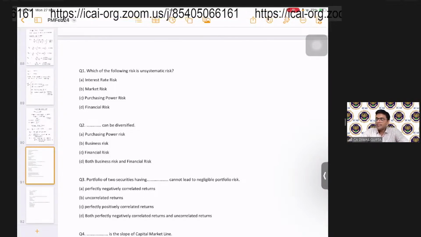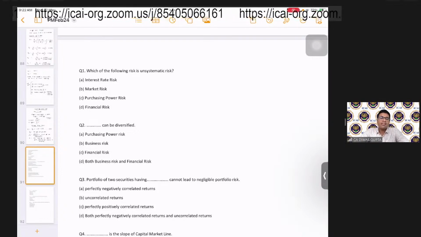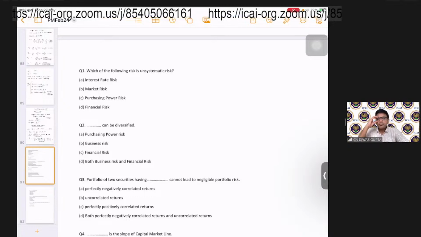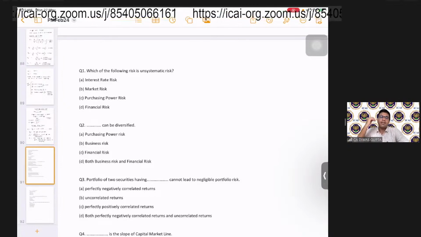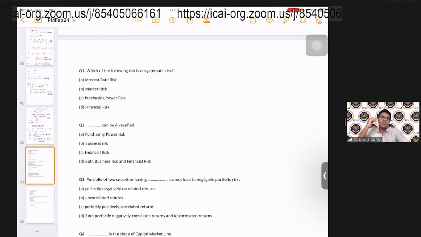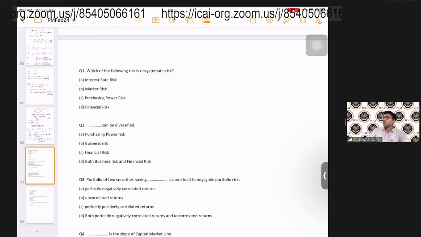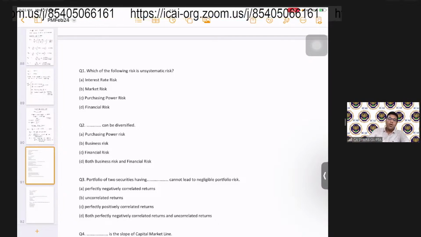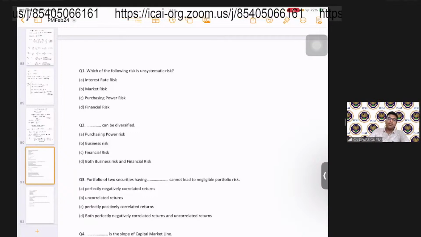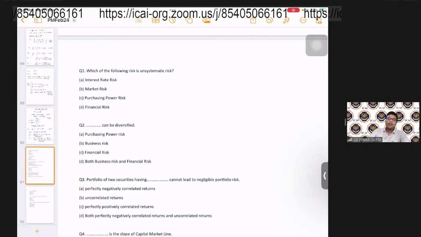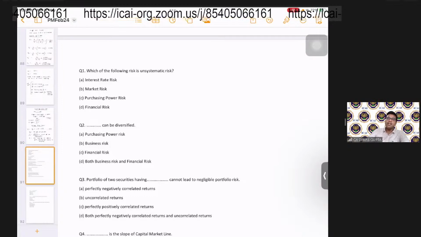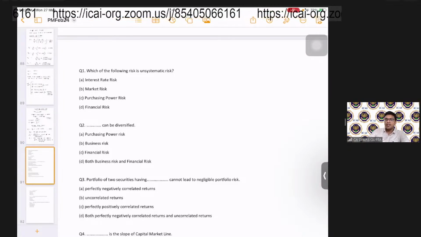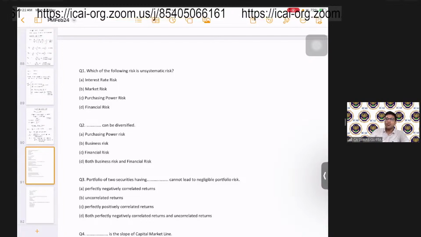So question number 1 says, which of the following risks is an unsystematic risk? Interest rate risk, market risk, purchasing power risk, or financial risk, students? Please be very careful while you answer. You can either answer on the question handle or directly on the chat box of the Zoom, wherever you feel it is okay. I will not reveal the answer and I will not repeat the answers that are given by you. I will just say it after giving some time so that all of you can answer.